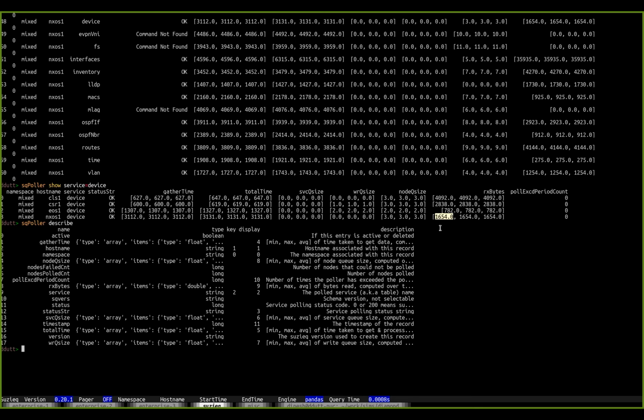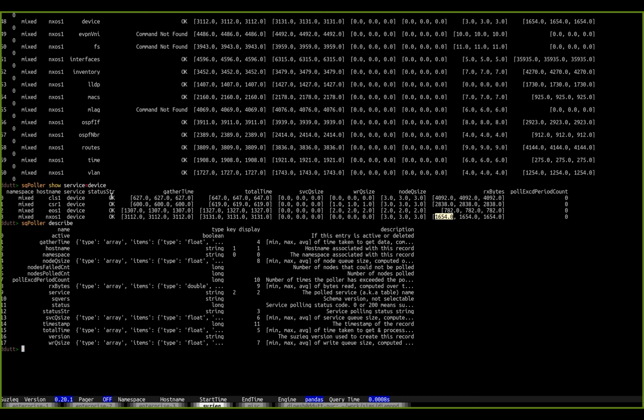But in the case of device, they should not change. All we are looking at is the output of the show version string. Show version string should look identical time after time after time. So if this changes, that's an indication potentially of a parsing error. Make sense?